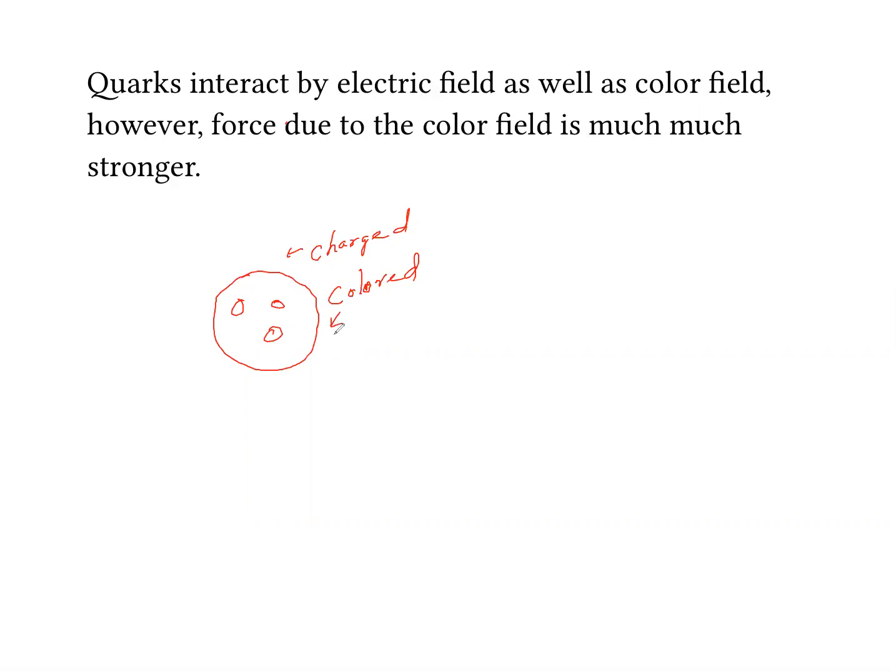So quarks interact through two kinds of forces: the electromagnetic force because of the charge, and because they have color, the color force comes out. We call it the strong force.